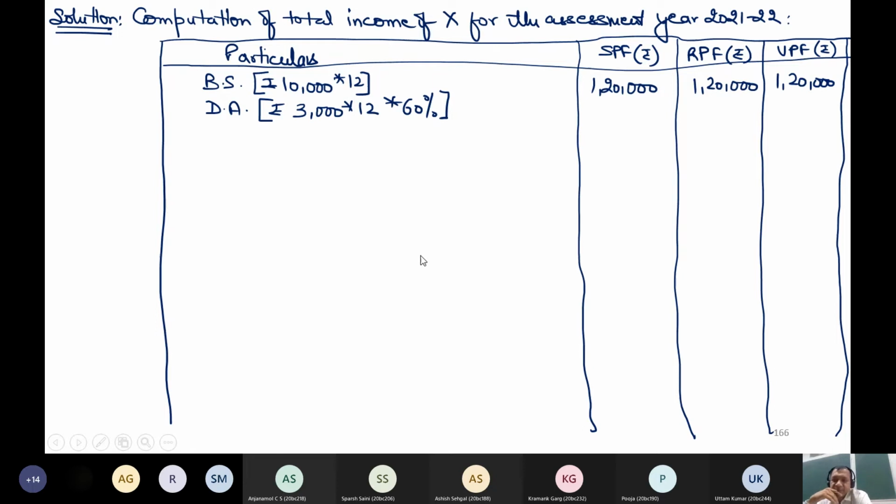Excuse me, sir. Yes. The screen is not visible. Whatever you are writing is not visible. Is it not visible to others also?